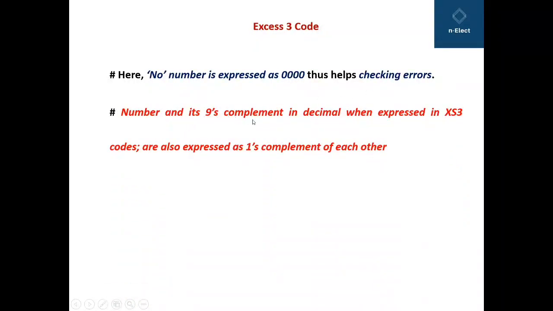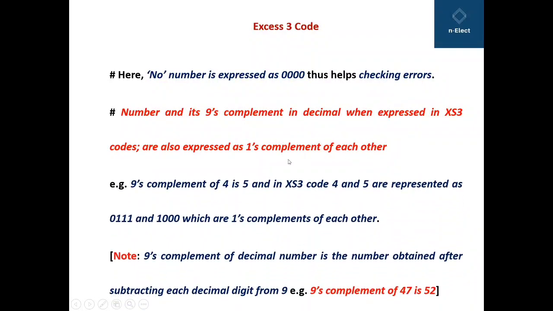Numbers and their 9's complement in decimal, when expressed in XS3 code, are also 1's complement of each other. A very simple example of this: what is 9's complement? The 9's complement of 4 is 5. How is it obtained? If we want the 9's complement of 4, you have to subtract it from 9.